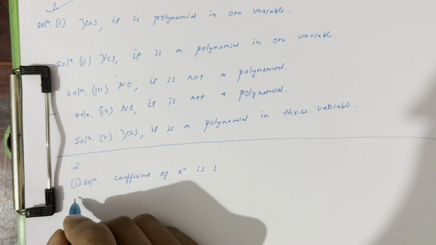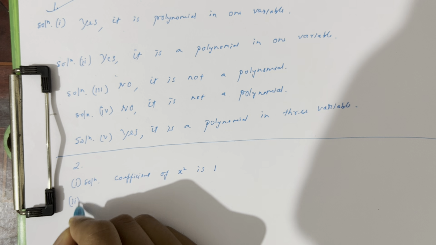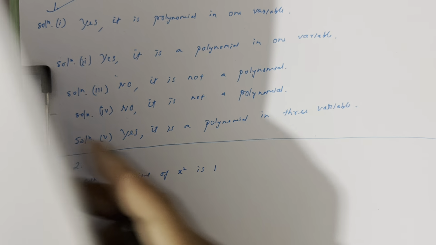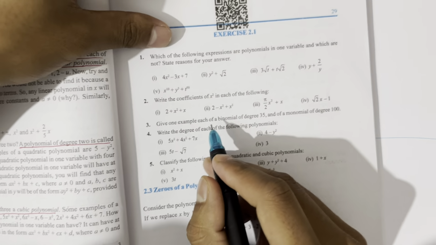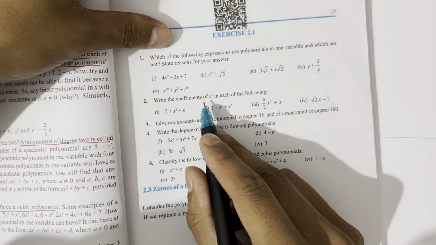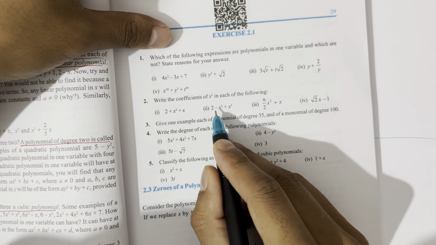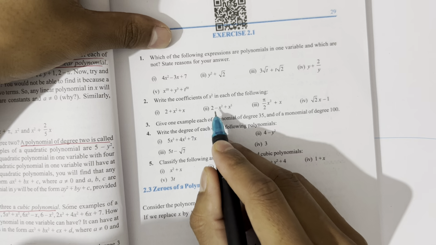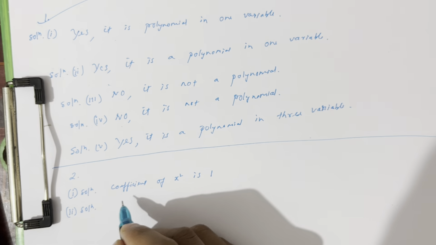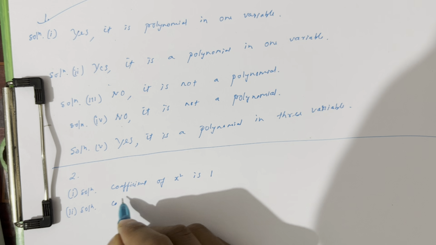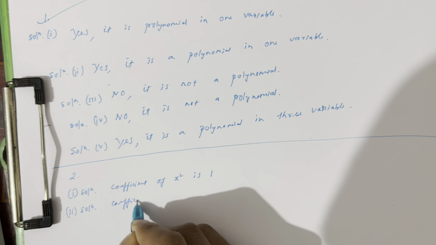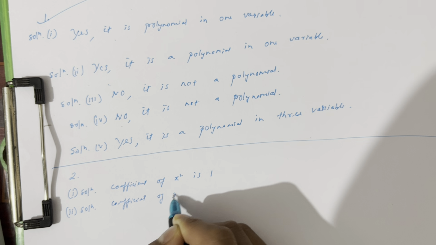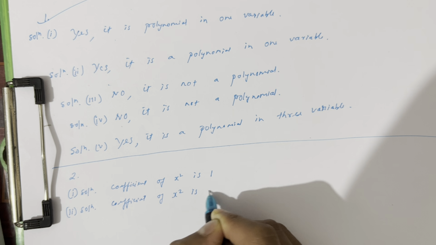Then solution number 2. What is the coefficient of x square here? What is the number in front of x square? Minus 1. So the coefficient of x square is minus 1.